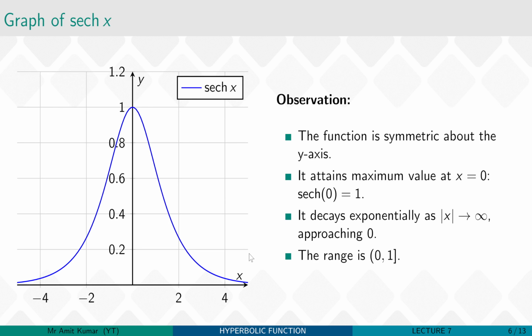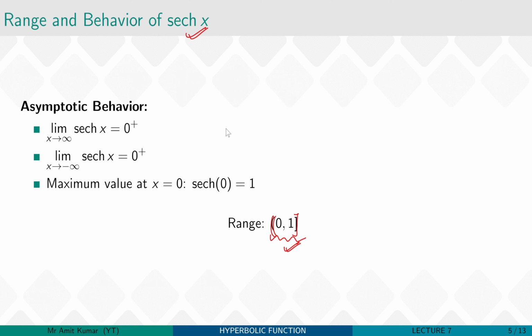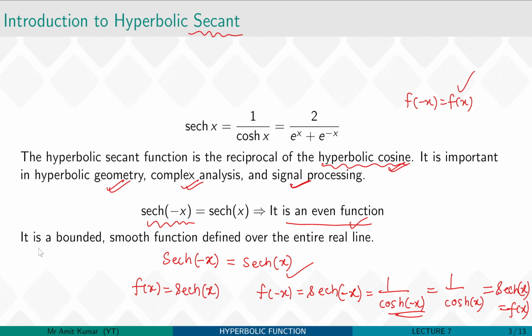This is the graph for sech x. Here we see that sech x is a bounded function, and it is also a smooth continuous function, defined over the entire real line.